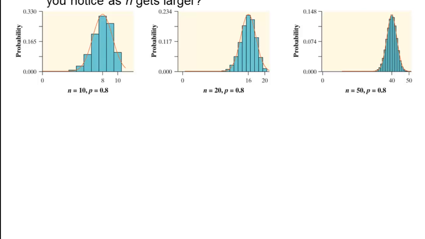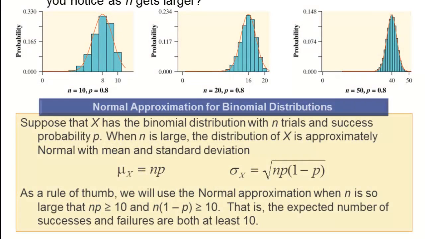Notice how the p-value has stayed the same and the number in the sample has increased from 10 up to 50. Hopefully you noticed that the distribution became more normal.